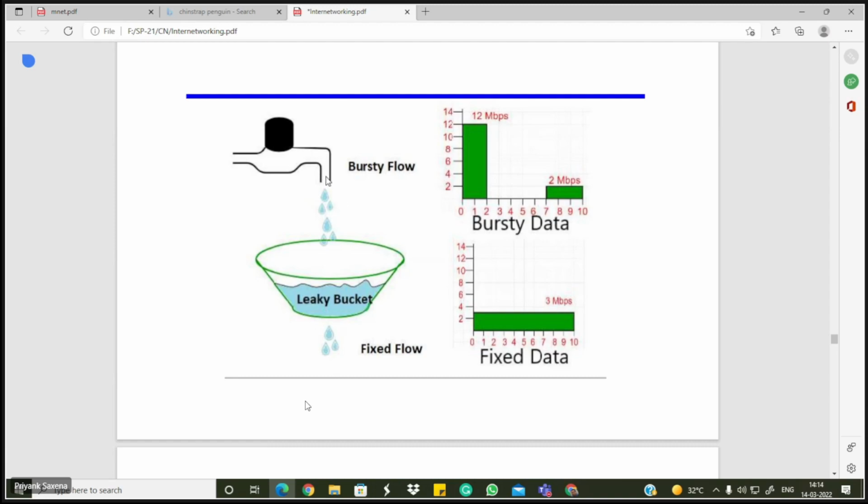So the input is bursty data, sometimes 12 Mbps, sometimes 2 Mbps, sometimes nothing at all. But if you see from the leaky bucket, the output is always fixed, 3 Mbps. This is how the traffic is being shaped. This is called traffic shaping.